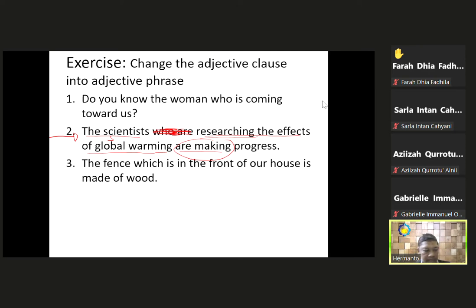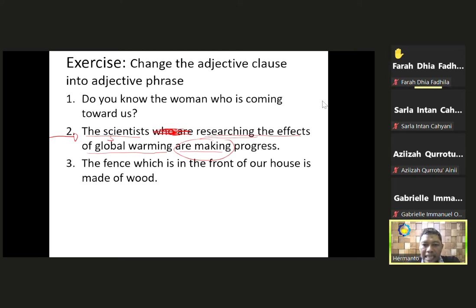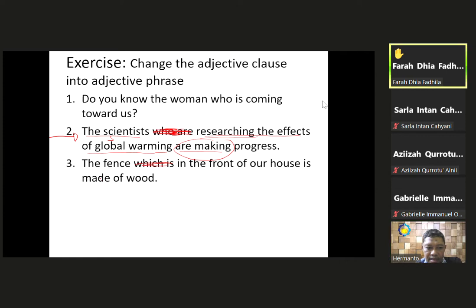Yes, Faradia. The fence in the front of our house is made of wood. Okay, so you remove which is. What is the subject of the sentence? The fence. Okay, the fence.